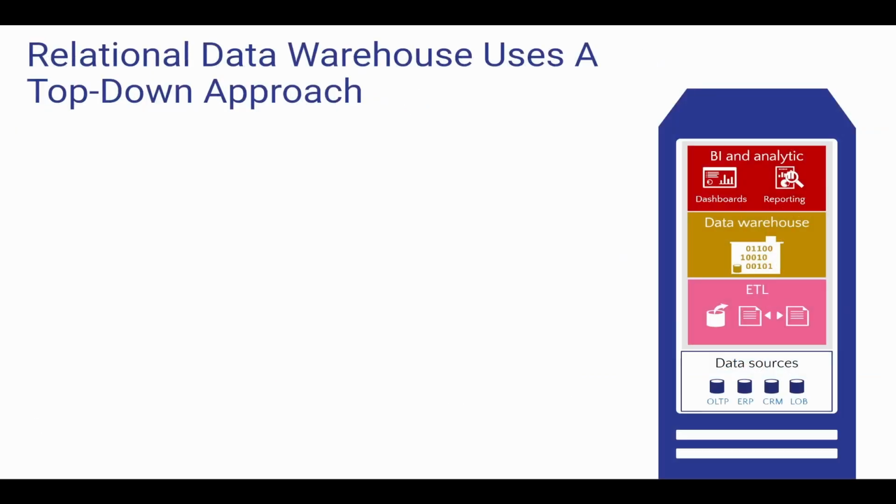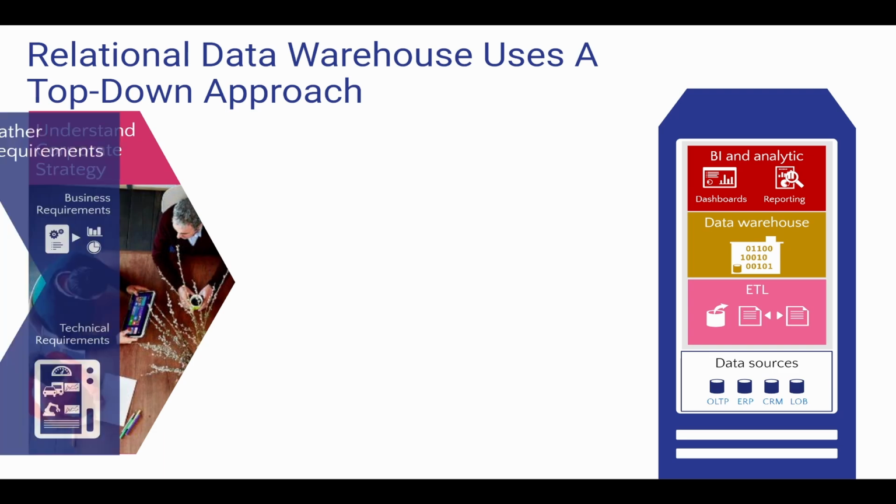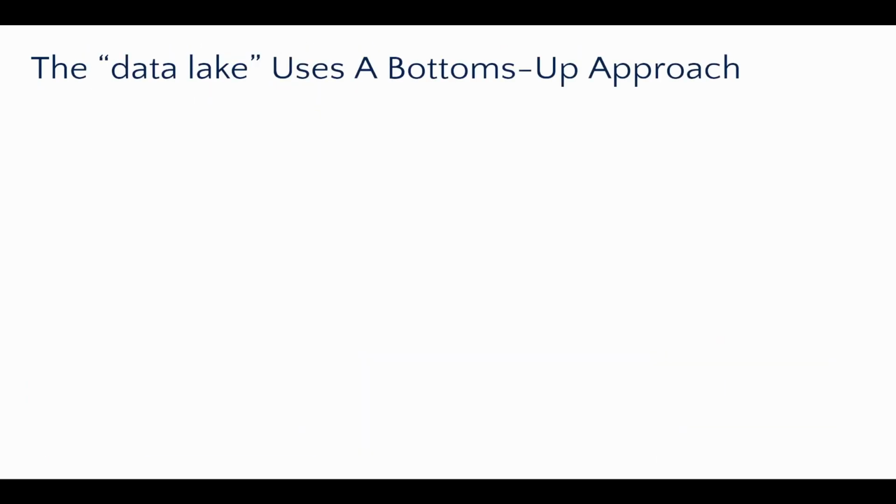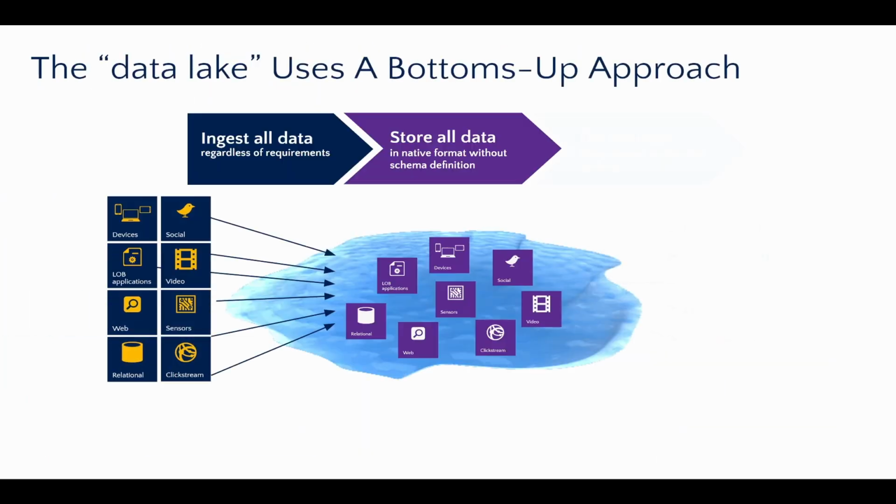Yes, as I said, relational data warehouse uses a top-down approach. So first, we take a strategy, we gather requirements, based on this requirement we build architecture, we build ETL, infrastructure, we get the result. The data lake is using a bottoms-up approach.